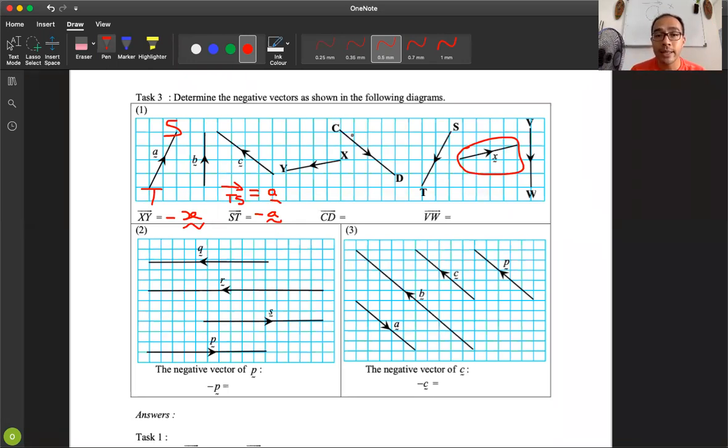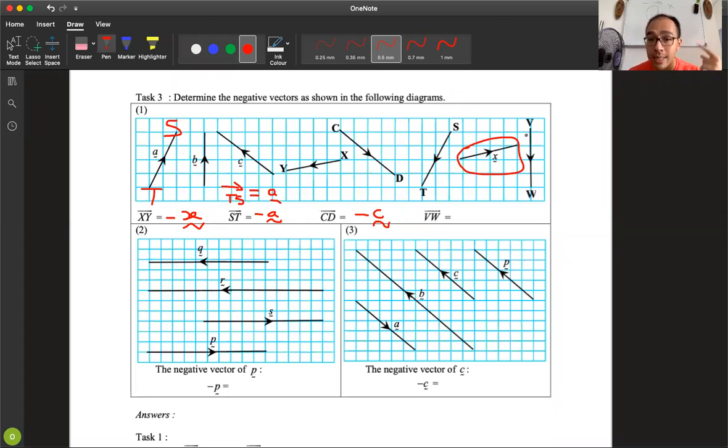Vector CD. Look at this vector over here. Vector CD, the line and the distance is the same as this one, small letter C. But since the direction is different, this will become negative vector C. And VW, 4 squares downwards, but this vector B is 4 squares upwards.